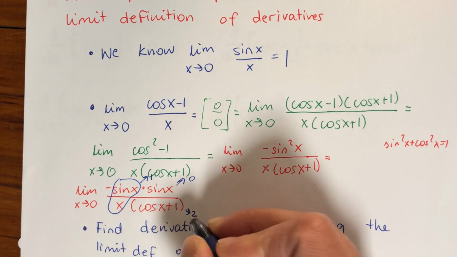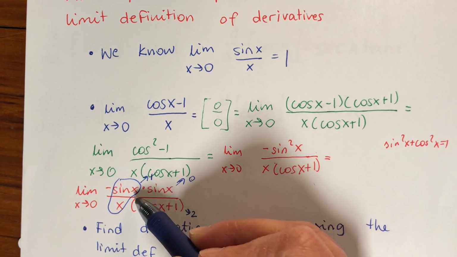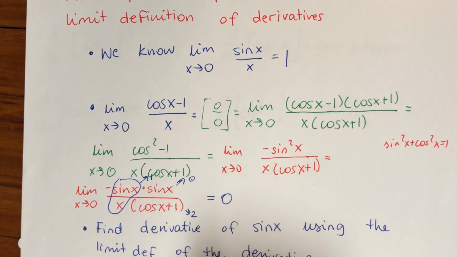This goes to 2, but it doesn't matter because I have 0 divided by 2 times 1, so the entire expression is still going to approach 0. Notice this was not problematic because in the denominator we had a number, so that's fine. And it's okay to have 0 in the numerator because that is okay to divide like that. So we did find this, we will use it in a second.